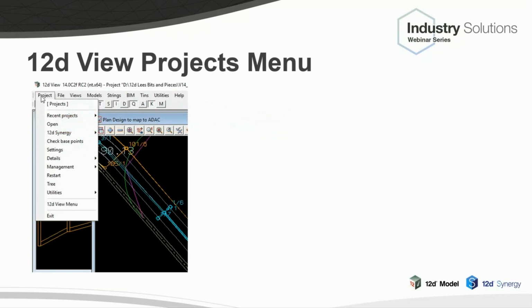As far as the menus go, there's a more limited set of menu operations, and some of them you will be missing because they won't exist for 12D View compared to 12D Model. But there's still quite extensive things for you to be able to use. For example, you can open recent projects. When you first start up 12D View, and I'll demonstrate that, you see all the projects listed, but from inside you can open the recent projects.